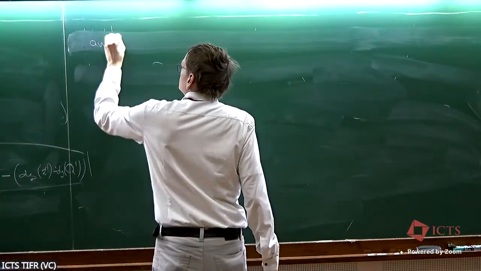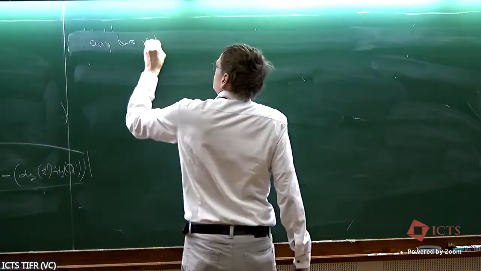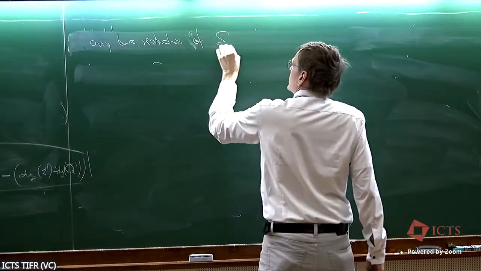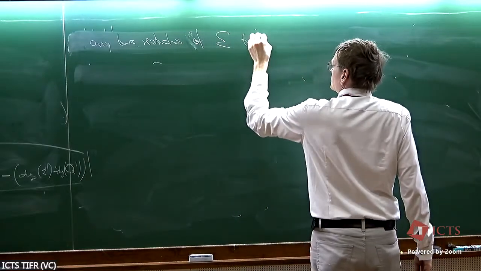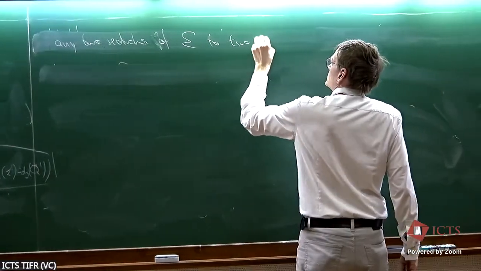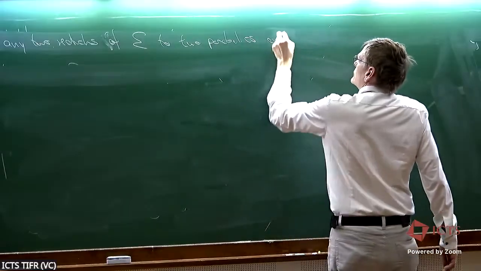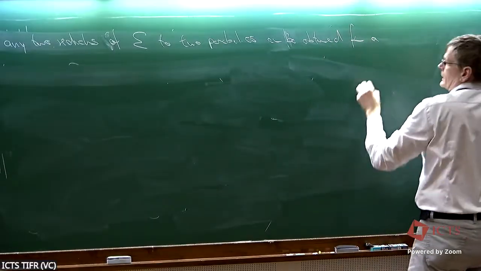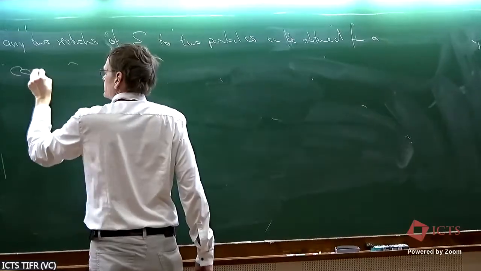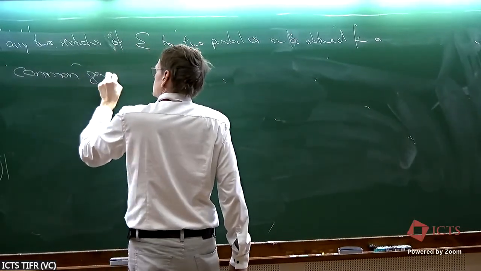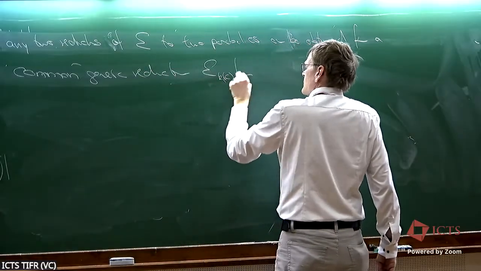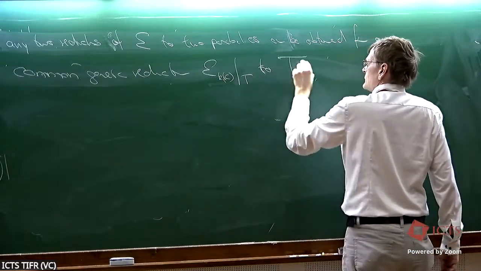If you unravel this, this means that any 2 reductions of a G bundle E to parabolics can be obtained from a generic reduction to a common maximal torus.